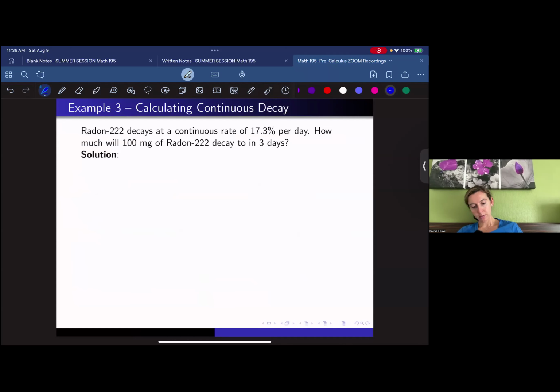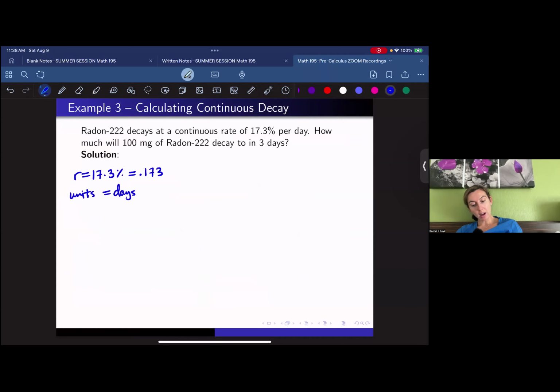We have radon 222 decays at a continuous rate of 17.3% per day, which as a decimal is just 0.173. And our units equal days.